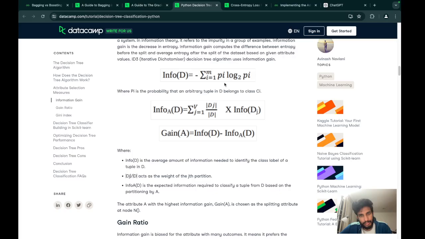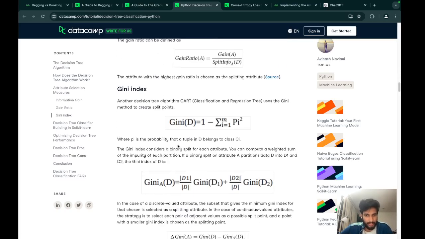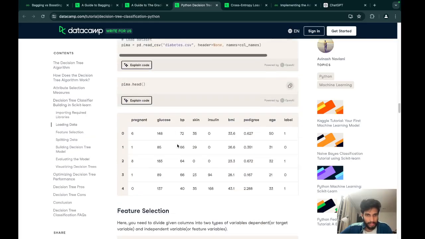Summation of the probability of i times log base 2 of the probability of i, where pi is the probability that a tuple belongs to class Ci. Let's see an example here.